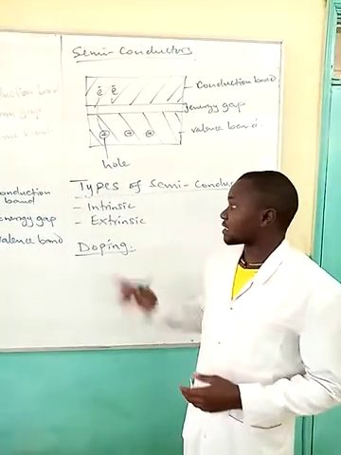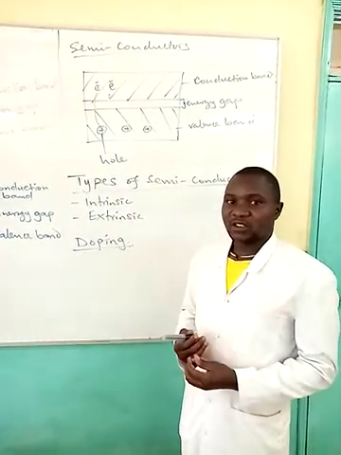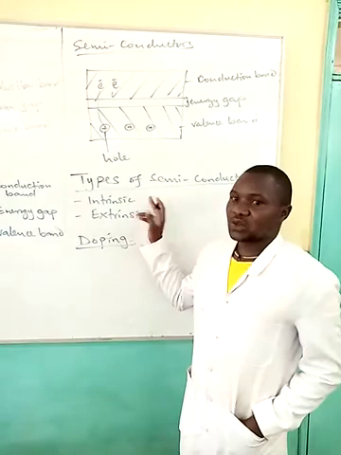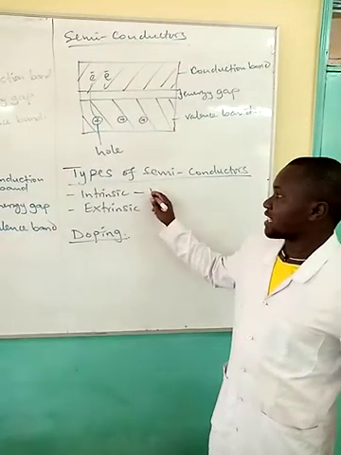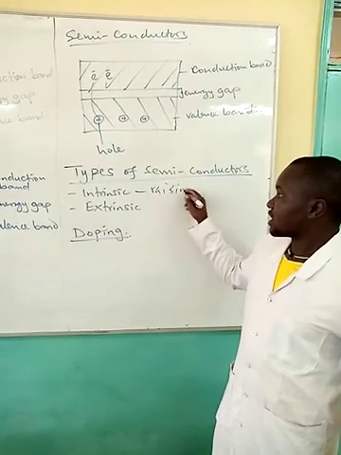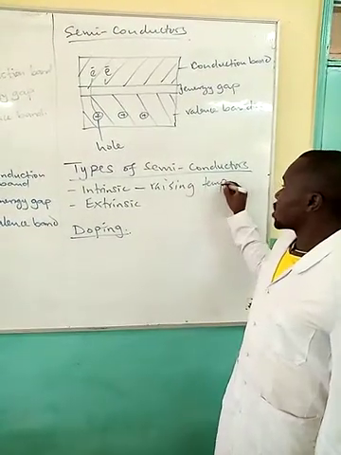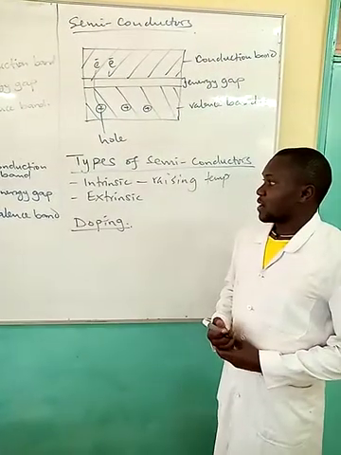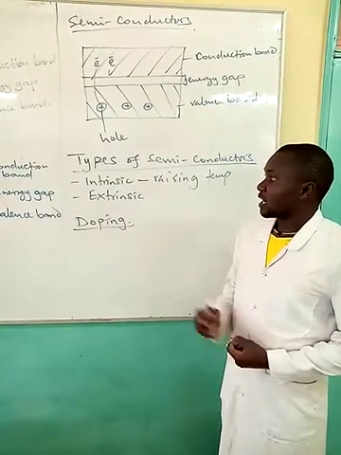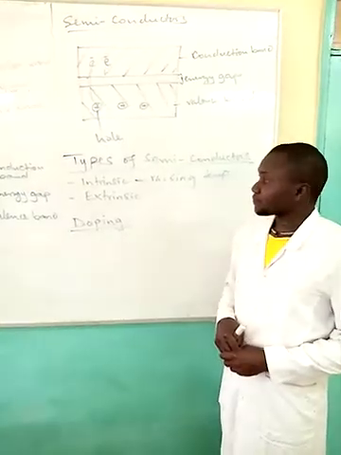Intrinsic semiconductors are semiconductors whose electrical conductivity can be improved by raising the temperature. You simply heat them, then they become good conductors. Basically, we have only two types of intrinsic semiconductors, that is silicon and germanium.